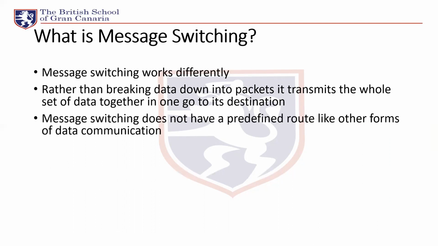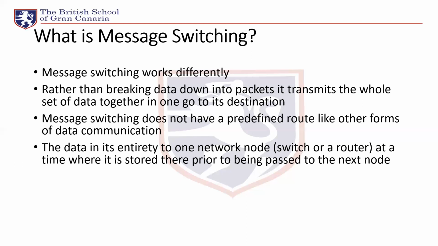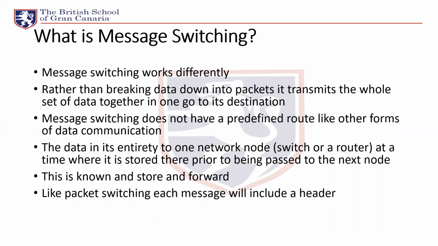Message switching does not have to use a predefined route like other forms of data communication. It will send the data in its entirety into one network node, such as a switch or a router, and it has to be stored. This can present some problems, because it's known as store and forward, and it makes the transmission less efficient and a bit slower.